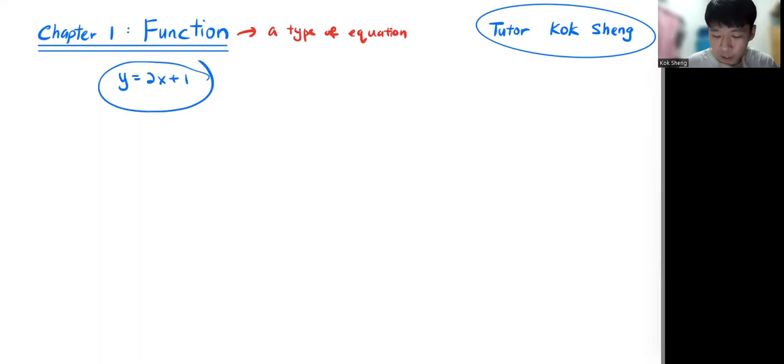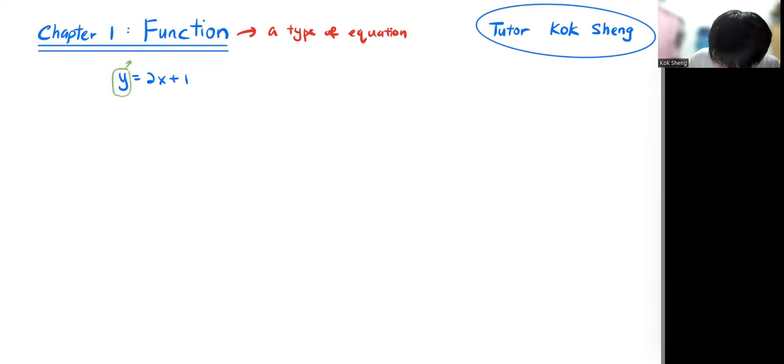But of course, in Chapter 1, they're no longer using this equation. They're going to replace the y with another unknown. They replace this y to become something called f(x). So this is your function. Or of course, they might change to other unknowns, let's say g(x), h(x), or all kinds of things.